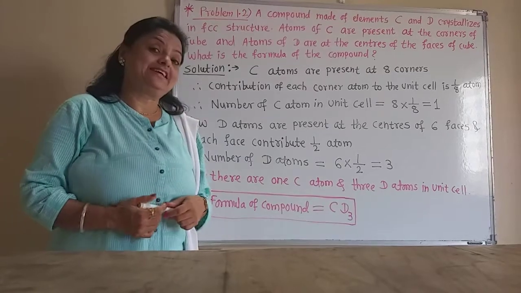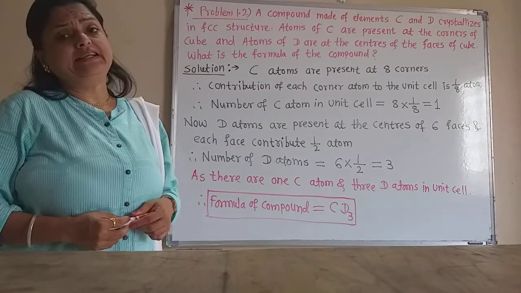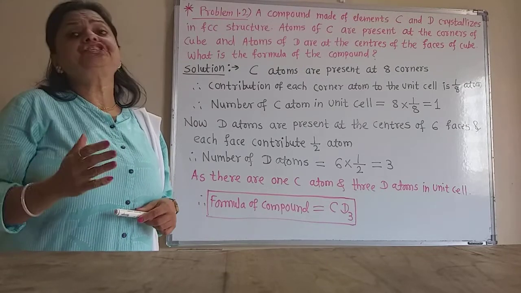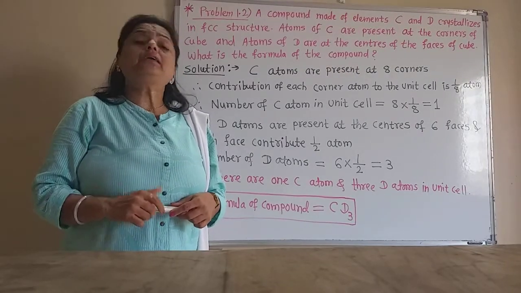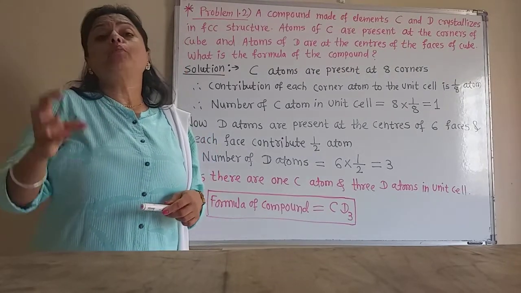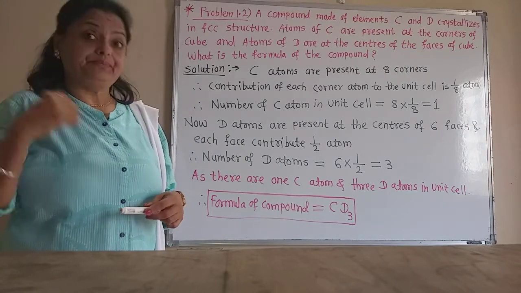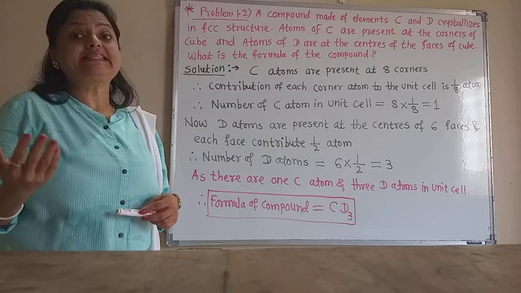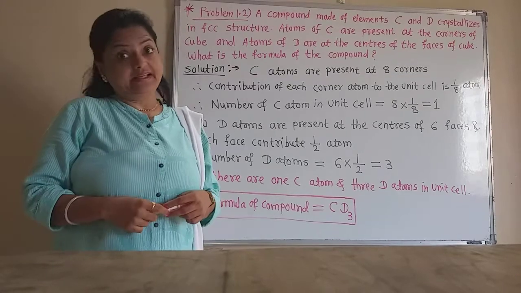Now, this is the new problem. We know that in the face-centered cubic unit cell, there are 6 faces, and each face contributes half a particle. Therefore, the total number of particles becomes 1/2 into 6, that is 3. So the faces of this FCC contain 3 D particles.